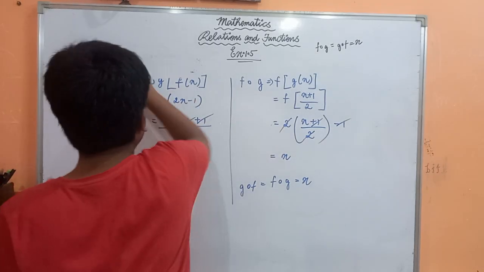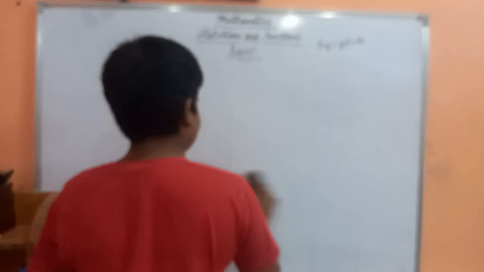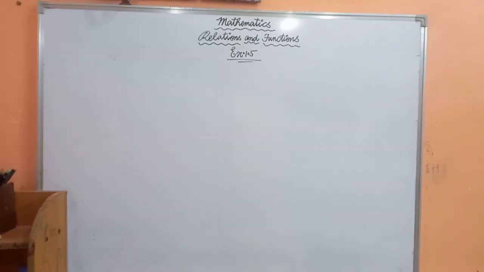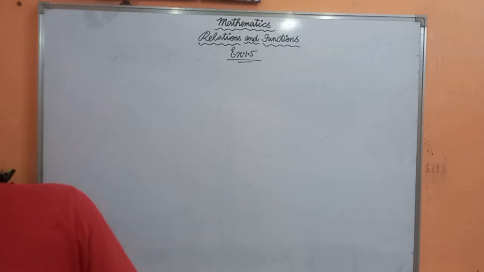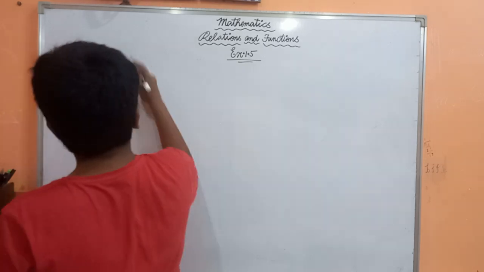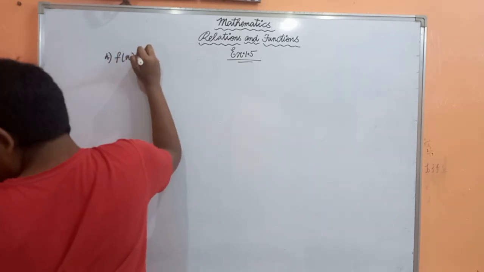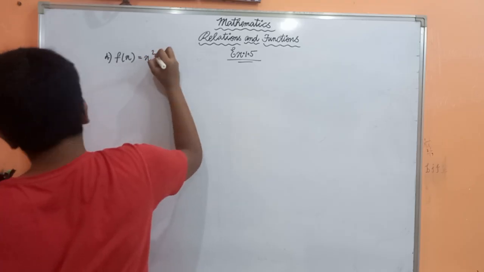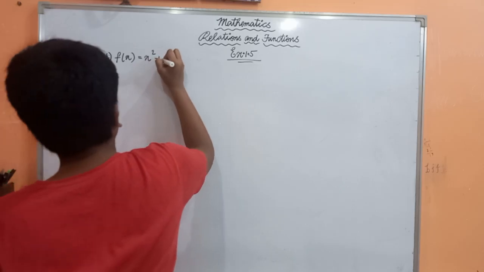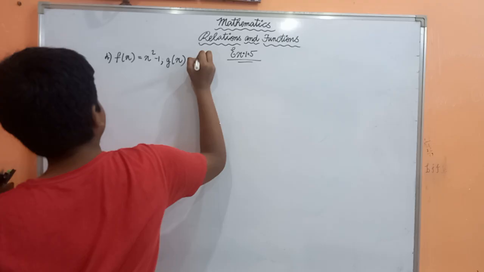Let's do the sums quick. So fourth sum. F of x is equal to x square, g of x is equal to x minus 2.